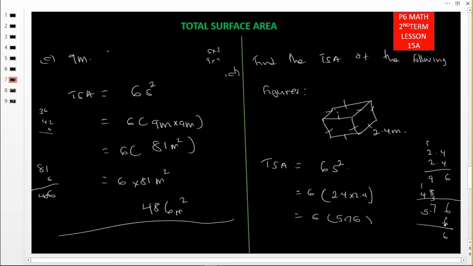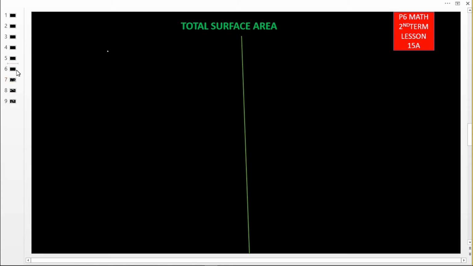I regroup. 6 into 7, that is 42. 42 plus this 3, that is 45. Then I put here 6 into this one, 30. 30 plus this 4, that is 34. So it is 34.56 meters squared. Okay, so that's how we can get that surface area of a cube.